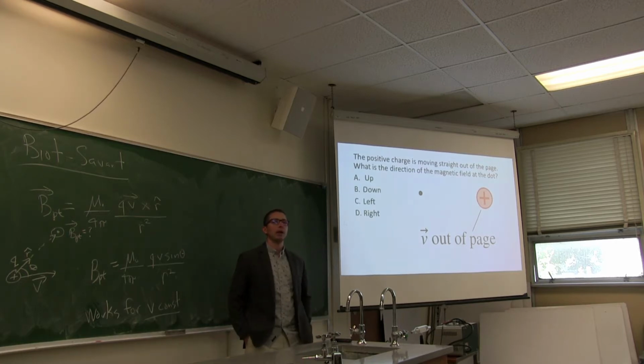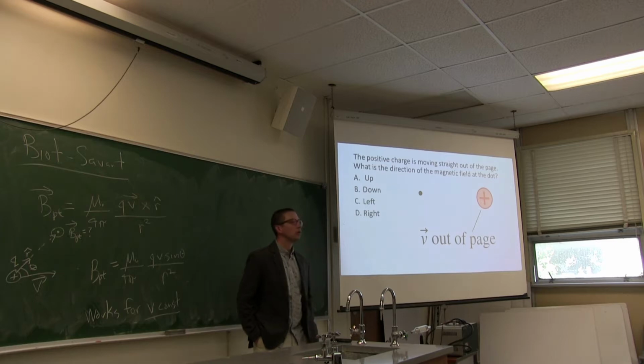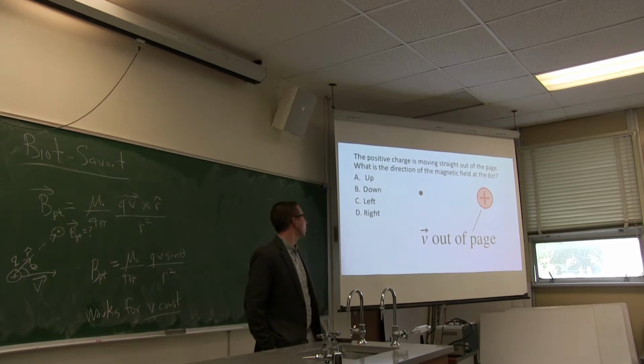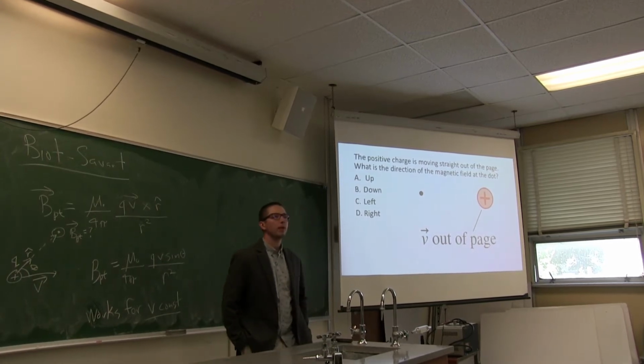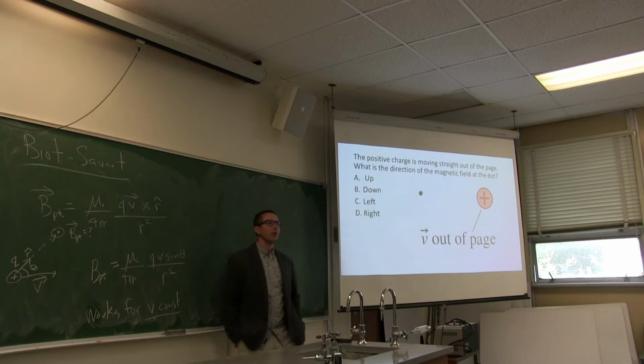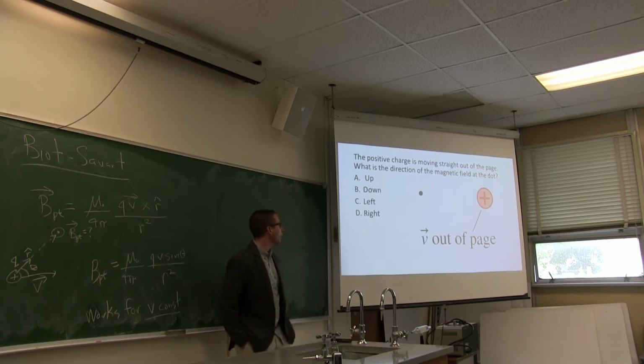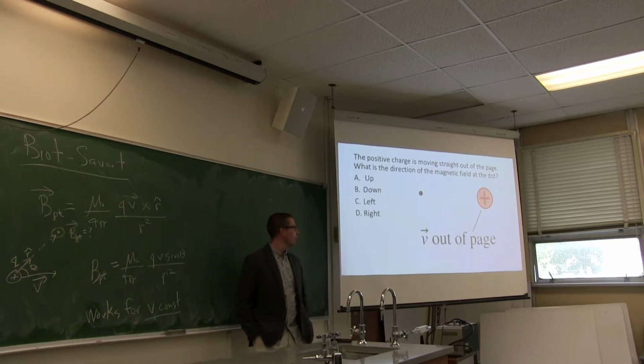Give you a moment to prepare your vote. And let's take a vote. 3, 2, 1. So most of you are saying B, which is correct. The magnetic field is down.